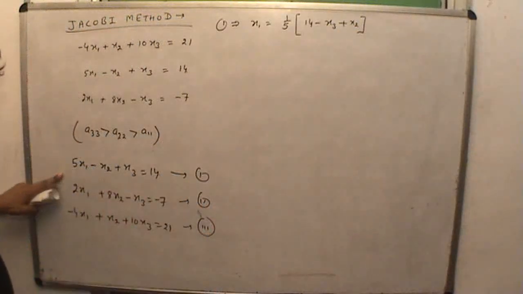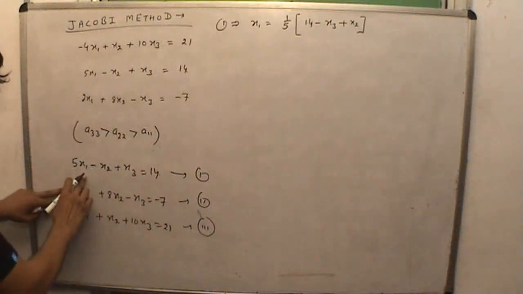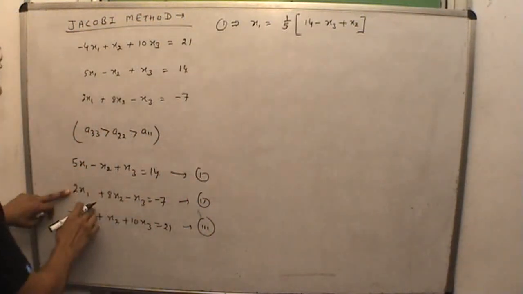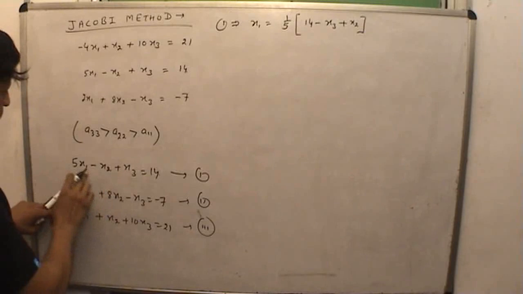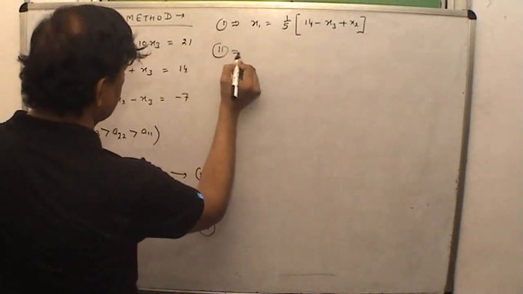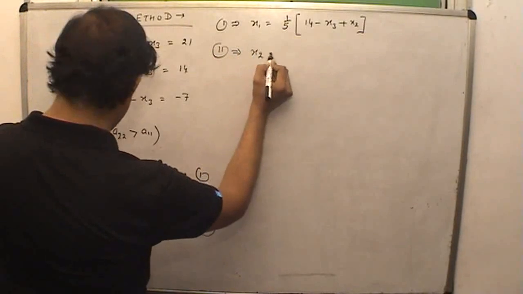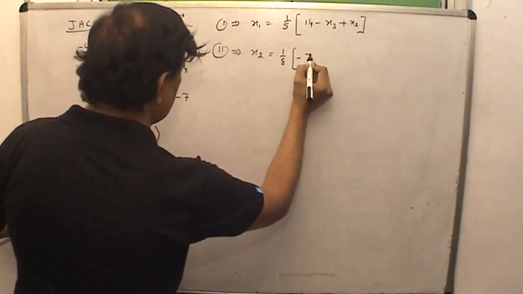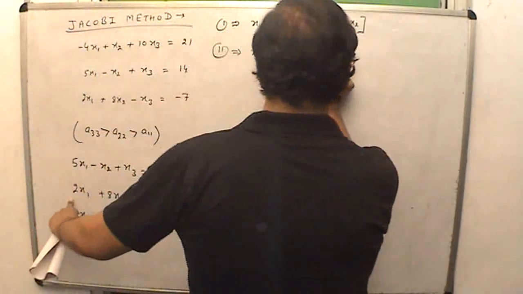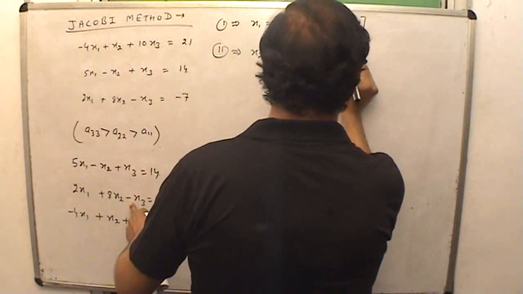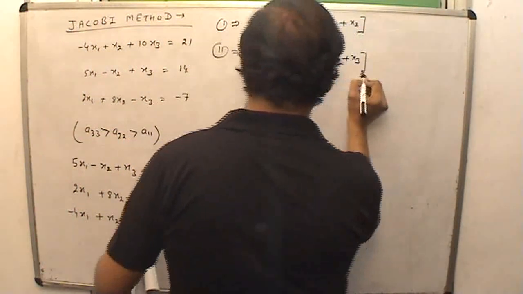We can solve it by simple algebra. From the second equation we find x2. From the first equation we calculate x1. From the second equation we calculate x2, that is equal to 1 by 8 into minus 7 minus 2x1 plus x3.